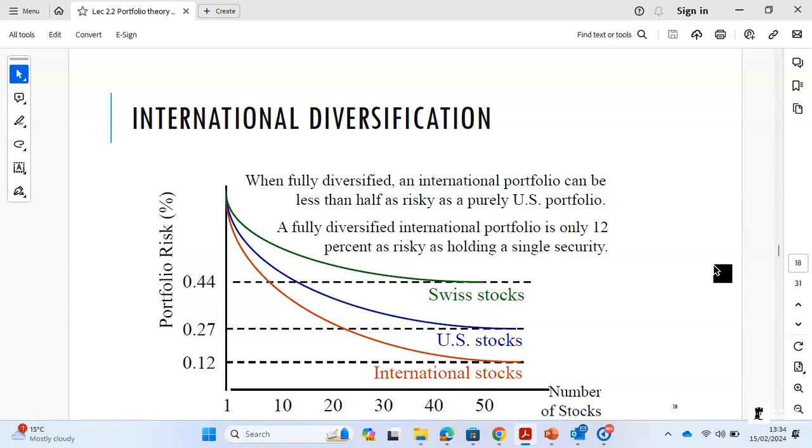But if you add US stocks into your portfolio, risk goes down further. If you create an international portfolio, investing in stocks from different markets, through international diversification, you can have the lowest risk.